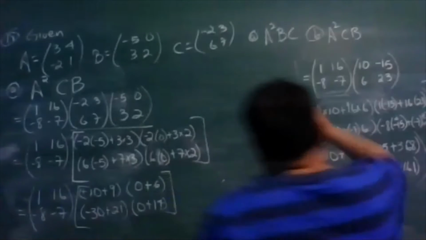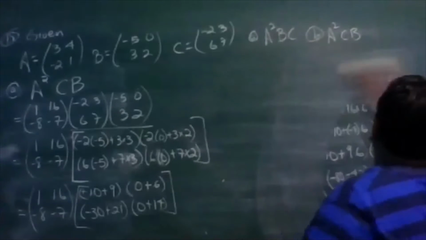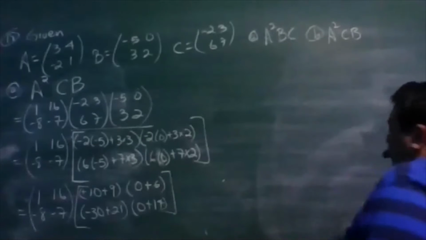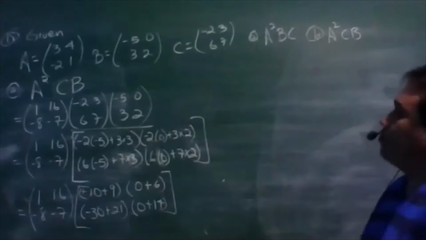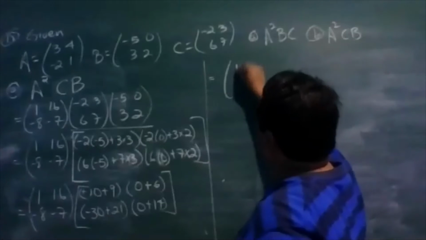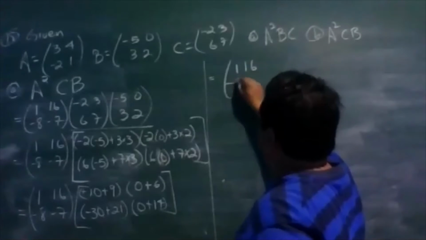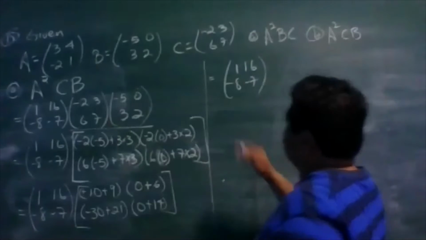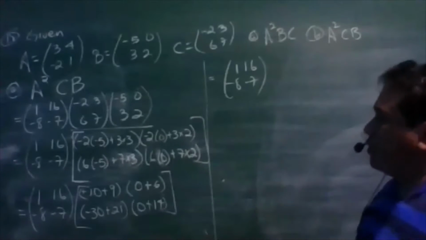So, we're getting to where we want to be. So now, we'll get the values that we will use for the final multiplication. So that is the A squared.